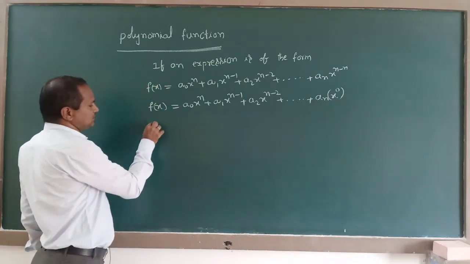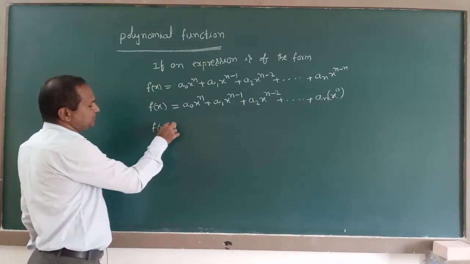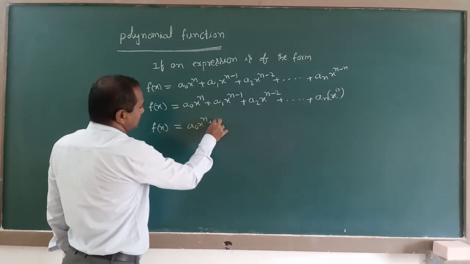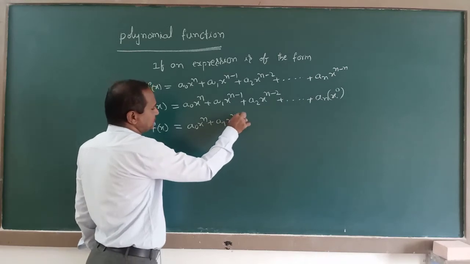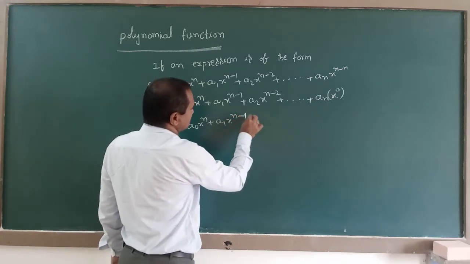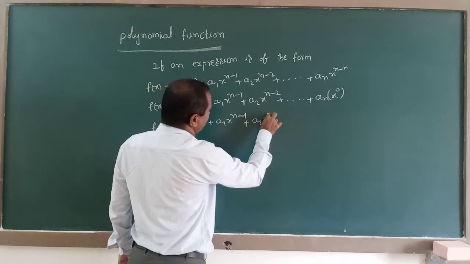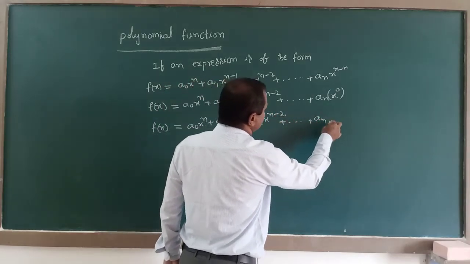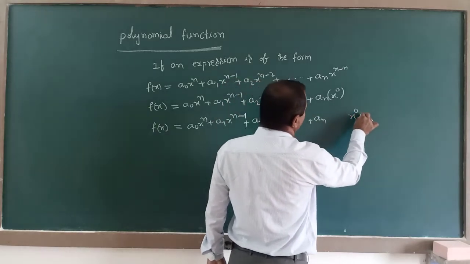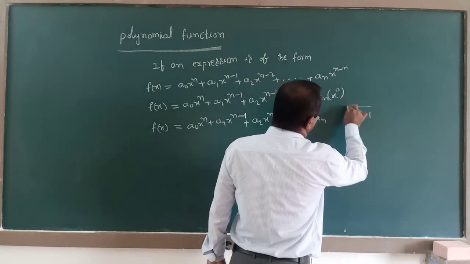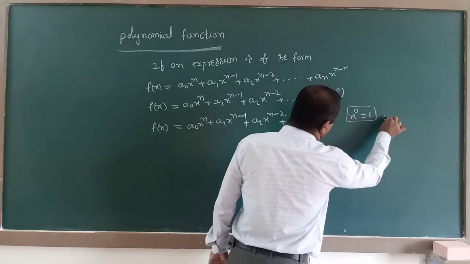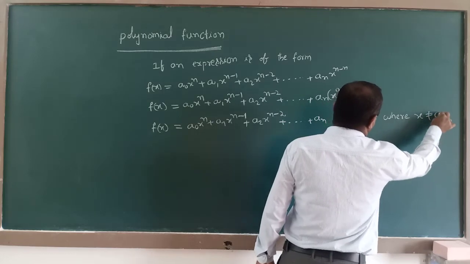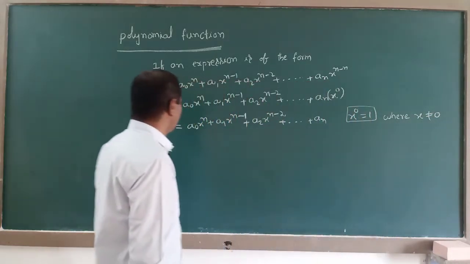In the third step we can write the expression of the polynomial as a naught x power n plus a1 x to the power of n minus 1 plus a2 x to the power of n minus 2 plus and so on plus an, because x to the power of 0 is equal to 1 here, where x is not equal to 0.